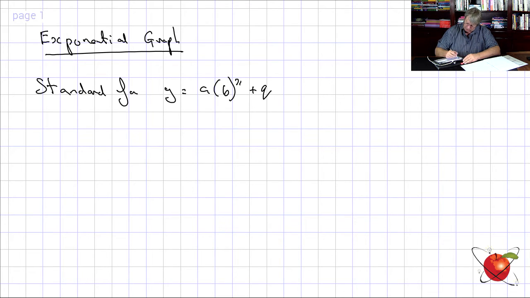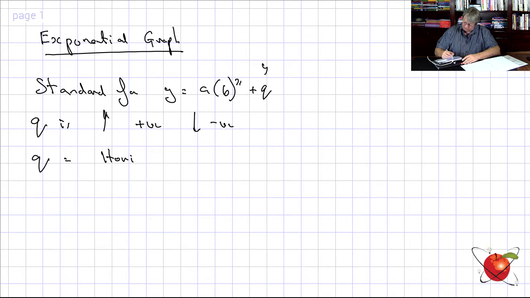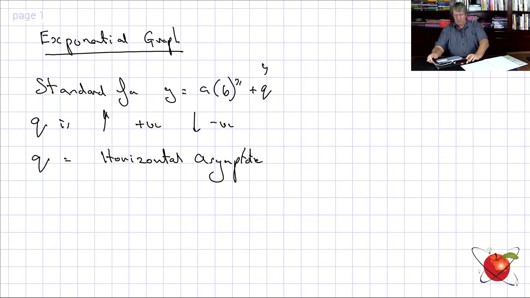Remember, q moves the graph up if it's positive, down if it's negative, and essentially q is our y value. It's going to be the horizontal asymptote at the end of the day.